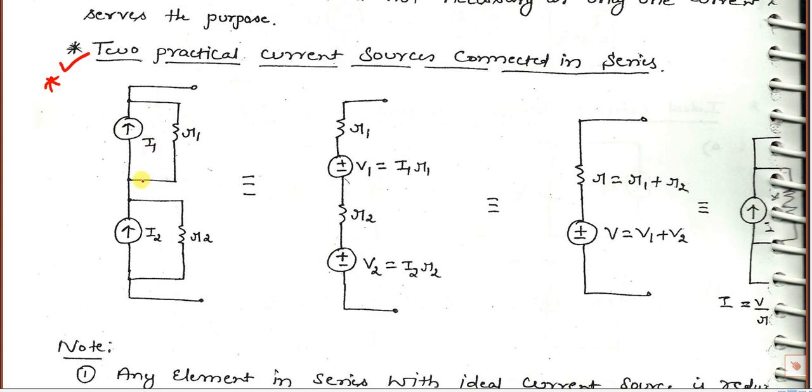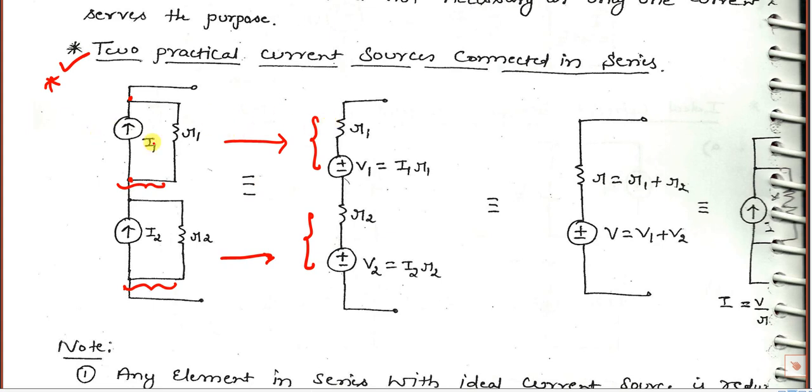So between this node and this node, there is a current source, and this is the second current source. We can convert this one to a voltage source. Again, we can convert this one to a voltage source.